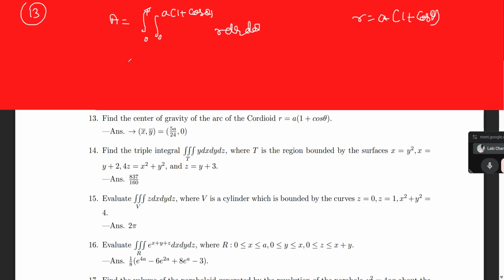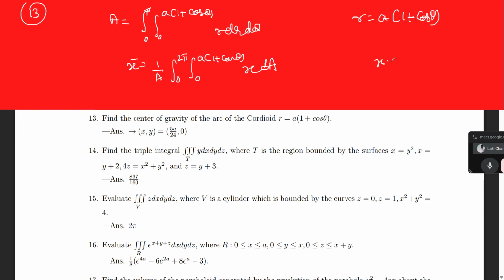This is area formula for x bar in polar form: 1 upon a, 0 to 2 pi, 0 to a(1 plus cos theta), x dA. Okay, this is formula.